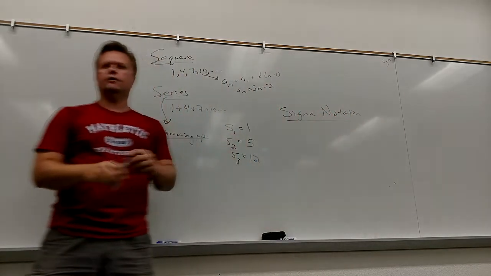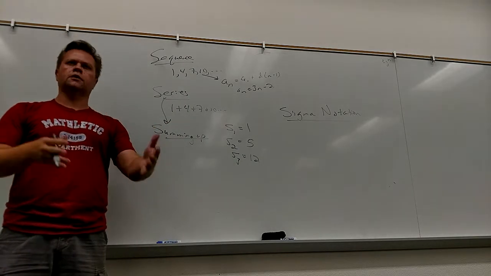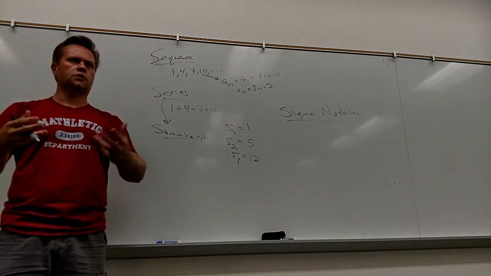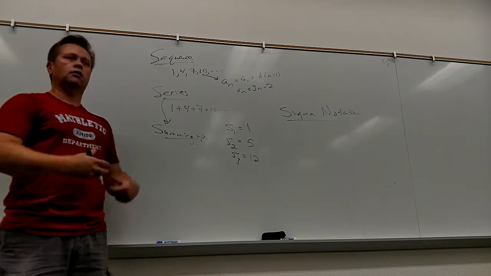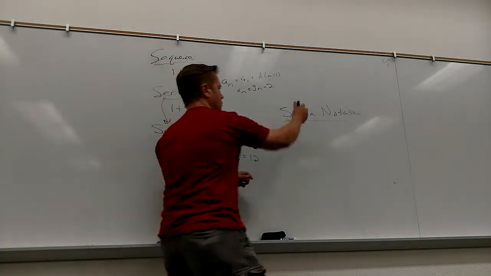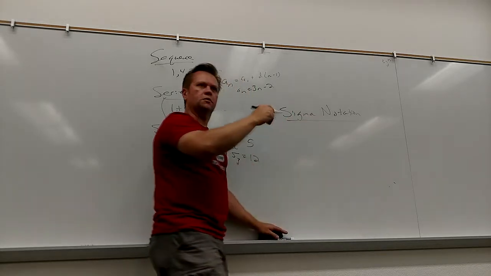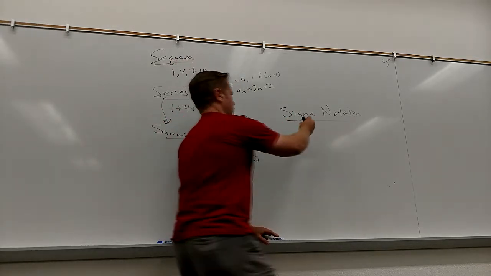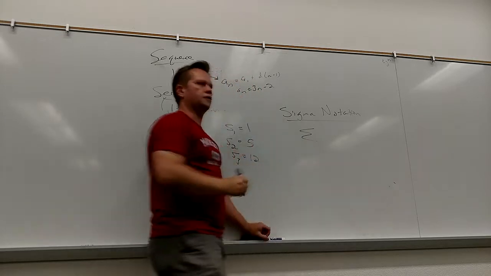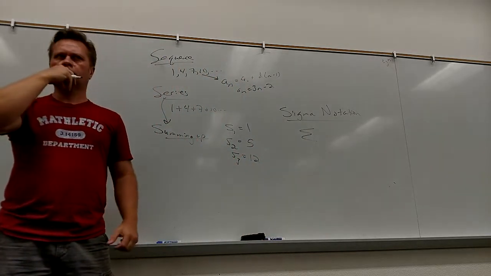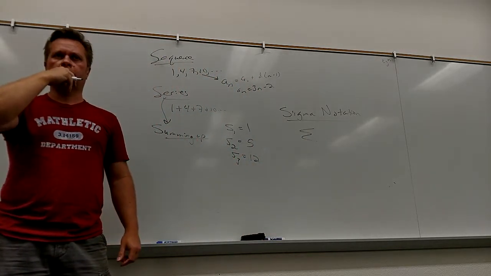And most of math is really just getting used to the symbols they chose to use and interpreting what they are, like log, for example. Sigma notation is the Greek letter sigma. So like sigma, like a fraternity, sorority. So sigma is this letter, the funky E.